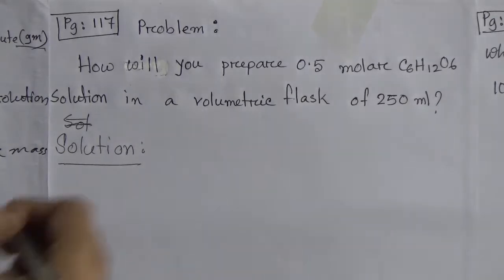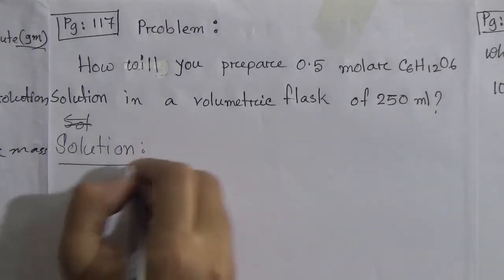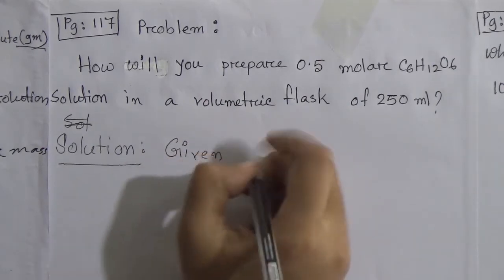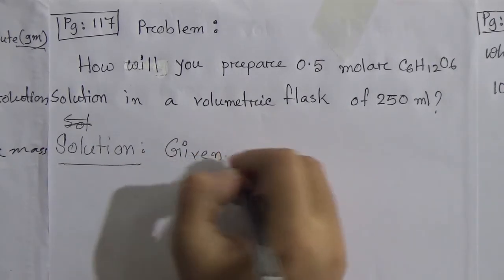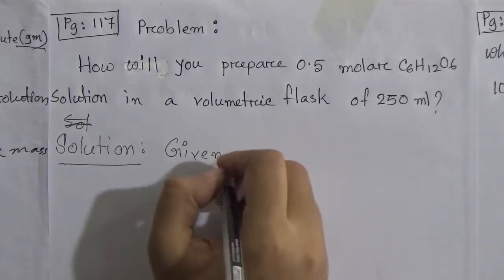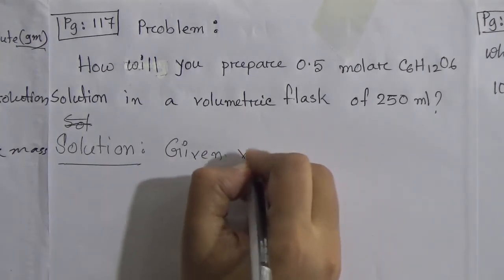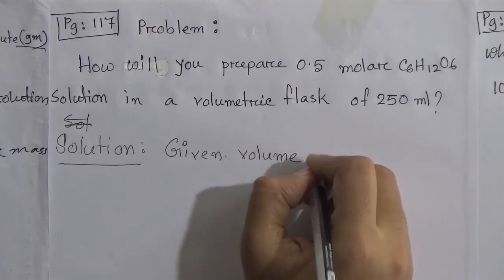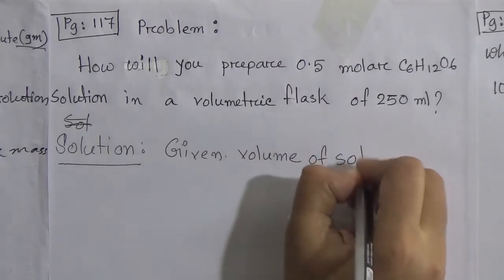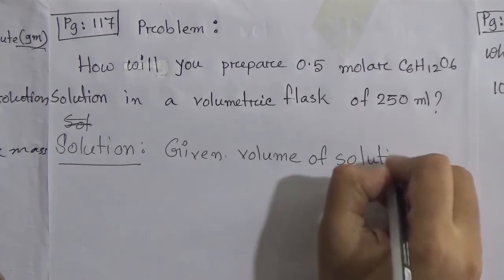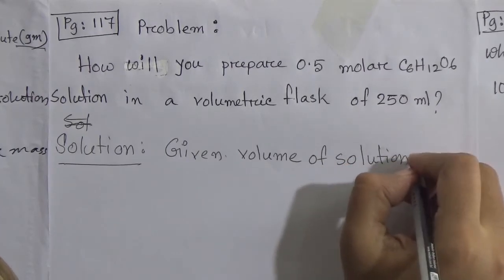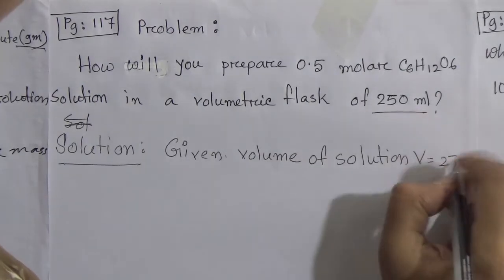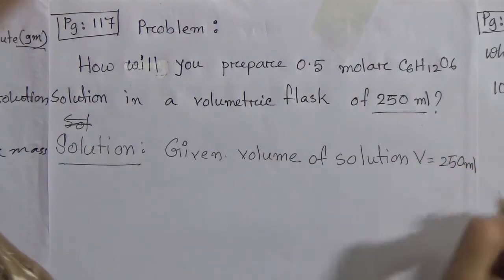Come to the solution. Here given volume of solution V is equal to 250. This is the volume, 250 ml.